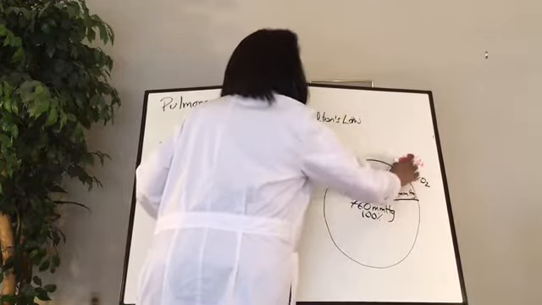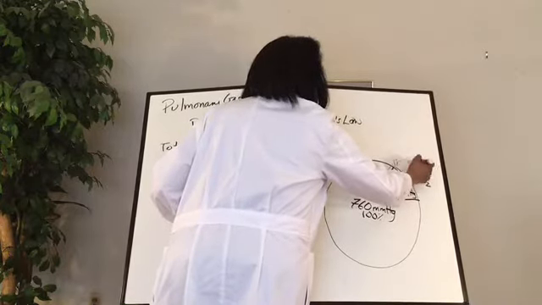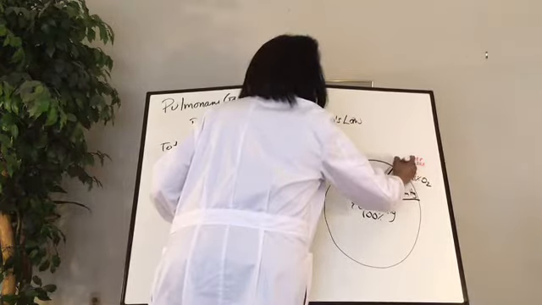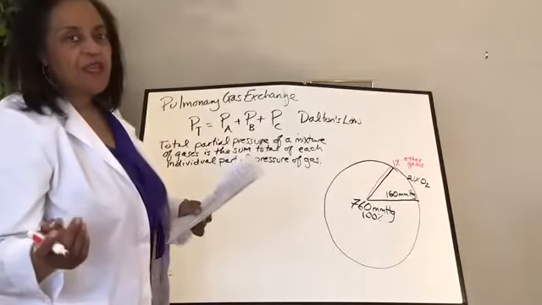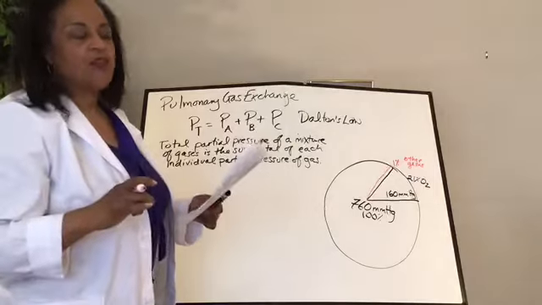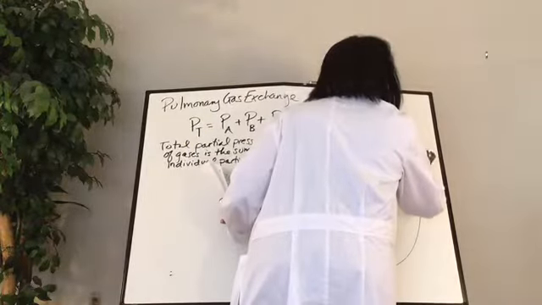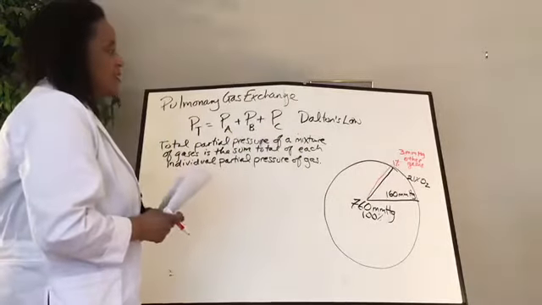If you can read that, let me make that a little neater. About 1% are other gases. Okay? And that comes to, in terms of millimeters of mercury, about 3 millimeters of mercury, out of that 760 millimeters of mercury, which is our total atmosphere.